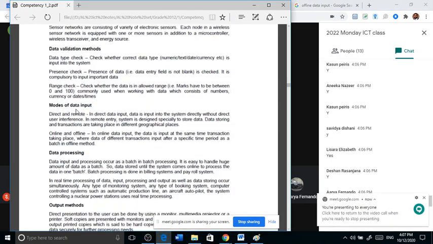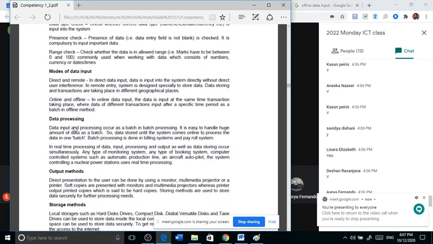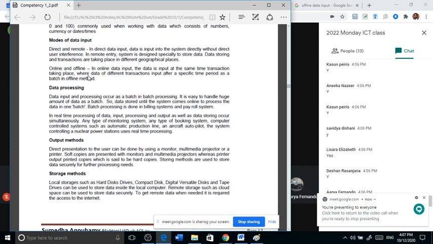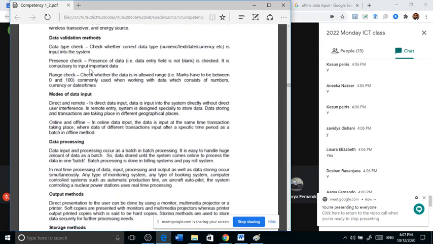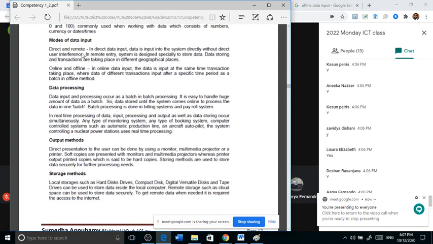Right, so we have discussed this. Now the method of data input. So how you can input data. They have given direct and remote. In direct data input, data is input into the system directly without direct user interference.